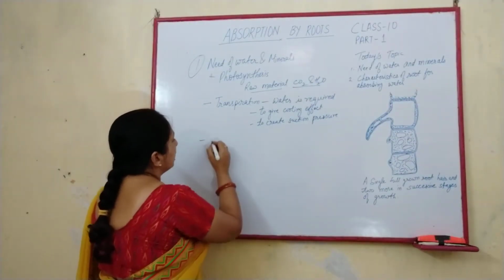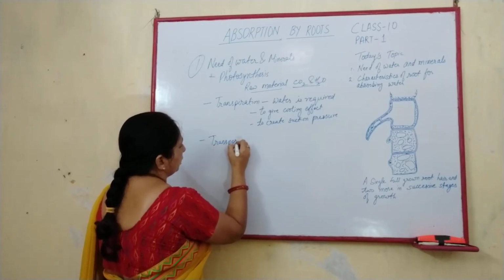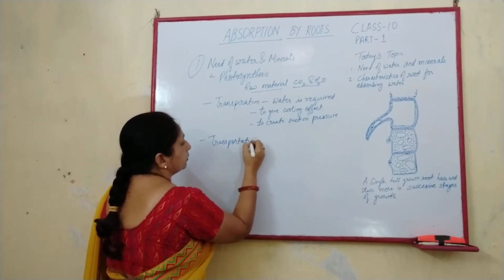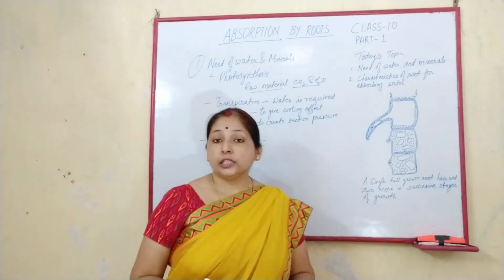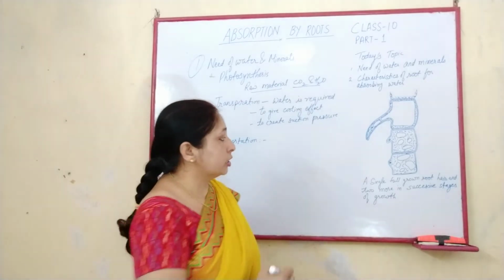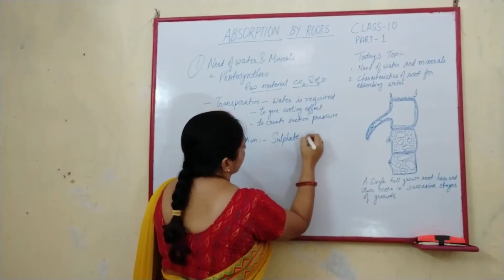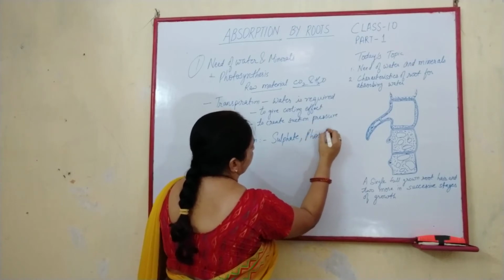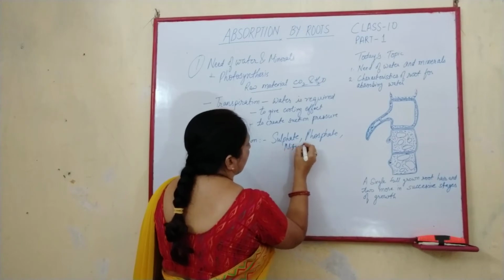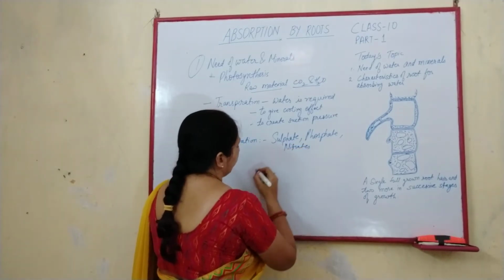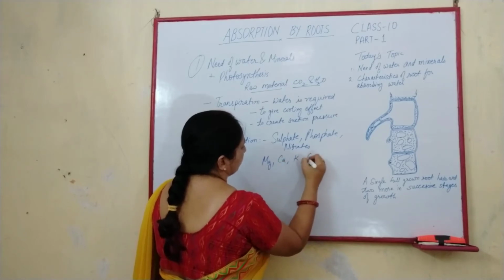Next process is transportation. Transportation of substances like mineral salts which are in the dissolved state, mineral salts such as sulfates, phosphates, nitrates, and some of the elements like magnesium, calcium, potassium and chlorine.